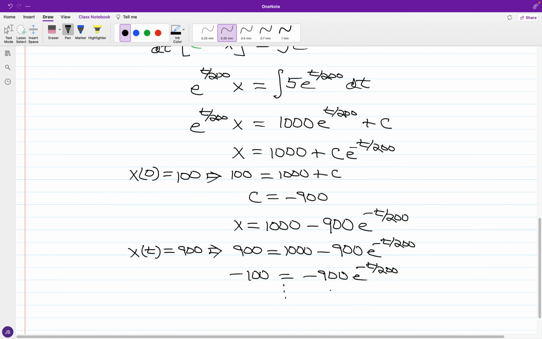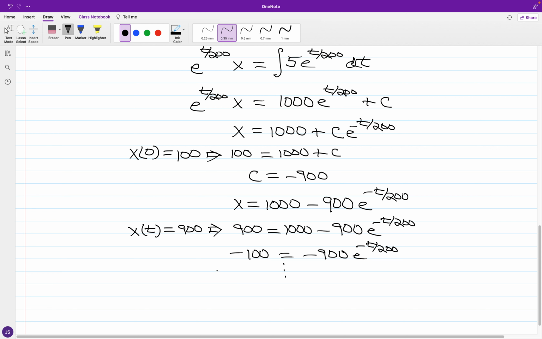And if I divide by negative 900, a negative over negative is a positive. So you have 1/9 is equal to e to the negative t over 200. And I can take care of the e by taking the natural logarithm of both sides.